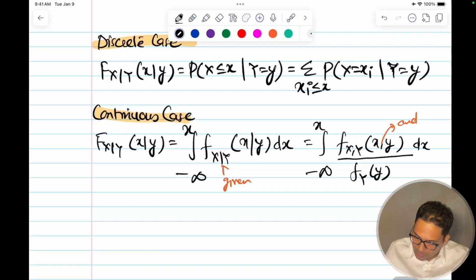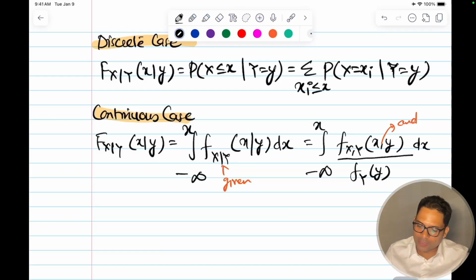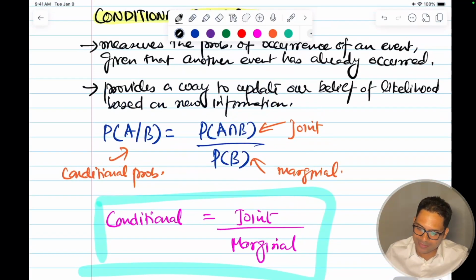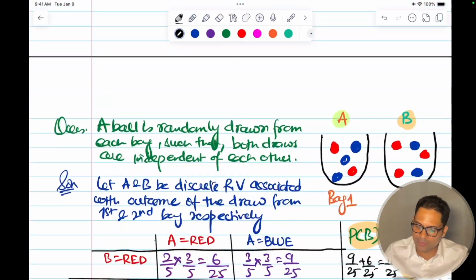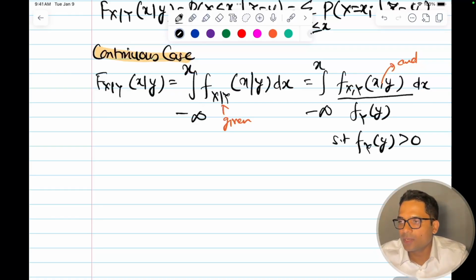This will be x given y. And then always remember whenever the conditional probability is there, this should not be 0, whenever you are dividing something by 0. So this will be across probabilities such that probability of B is greater than 0. So everywhere you have to put that. Remember this condition, such that f of y is greater than 0.